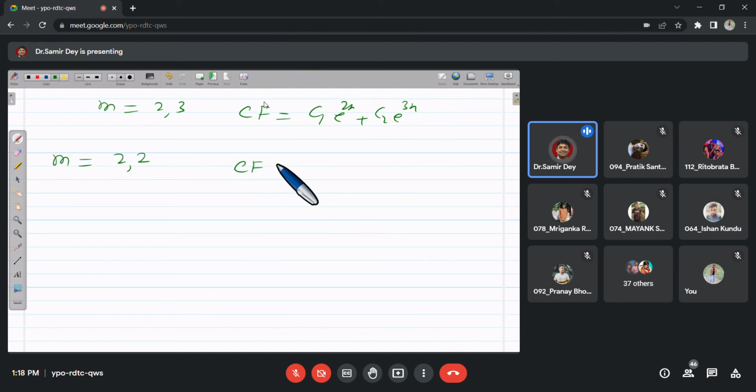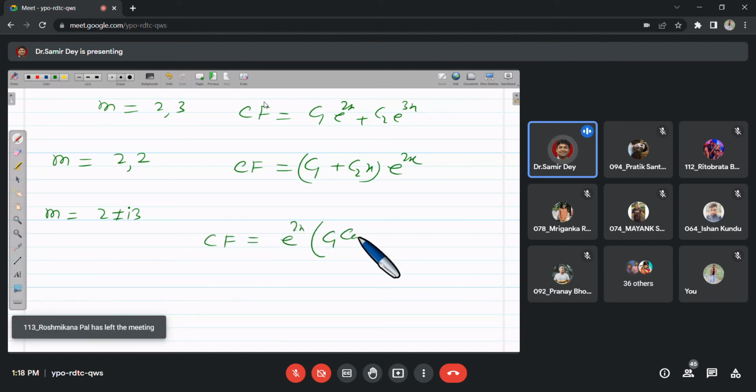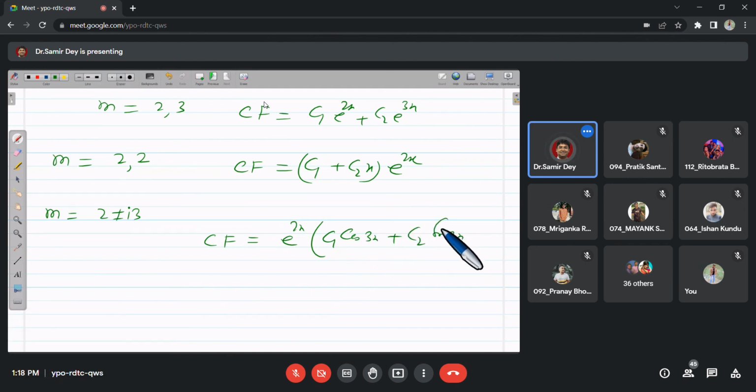Then your CF will be (C1 plus C2 x) e to the power 2x. Suppose your M becomes 2 plus minus 3i. So in that case, your CF will be e to the power 2x (C1 cos 3x plus C2 sin 3x).